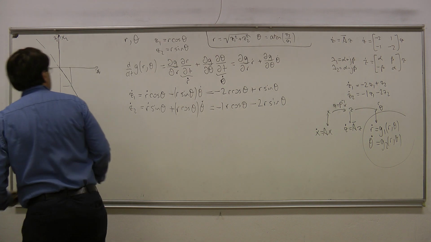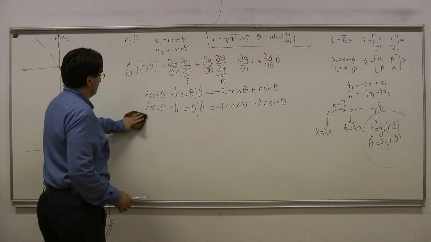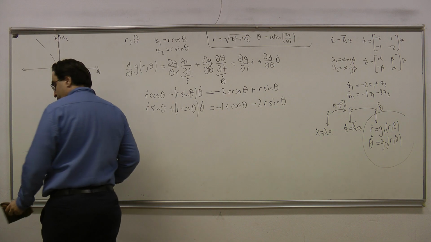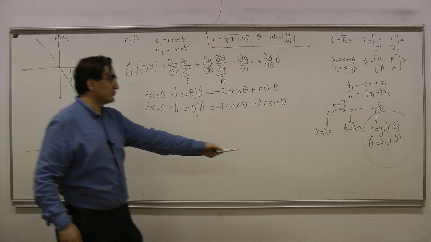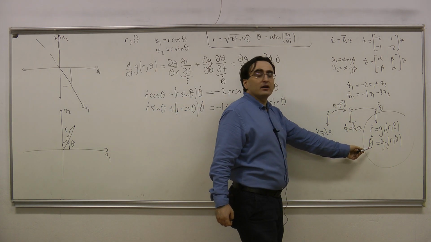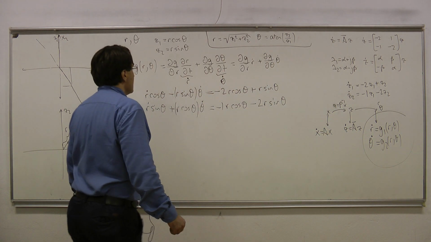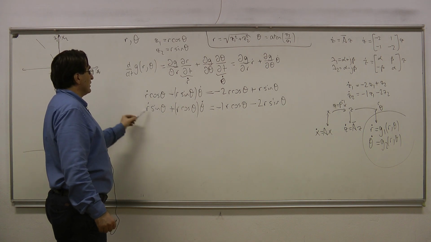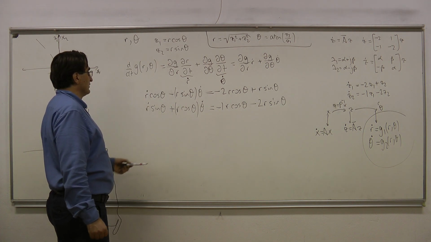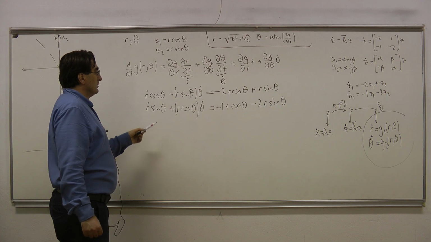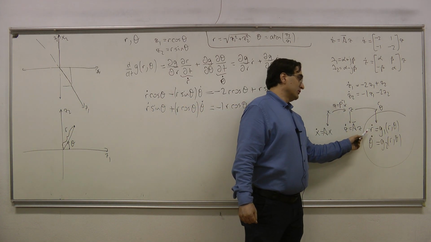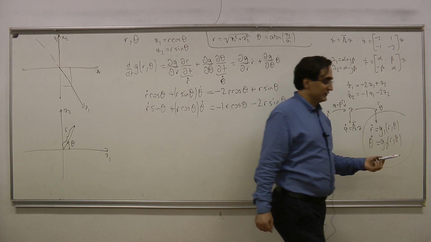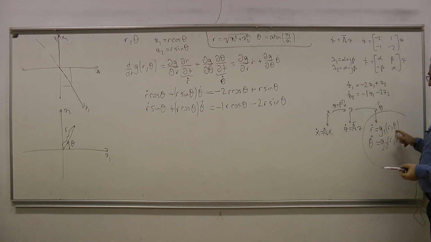So here is what I'm going to do. I'm going to erase this part, and I'm going to use these equations in order to extract first r dot and then theta dot. Okay? I want to extract r dot from these two equations. I want to write r dot without any derivatives on the right hand side. Okay? So you see that in these state equations, you can never have r dot or theta dot on the right.